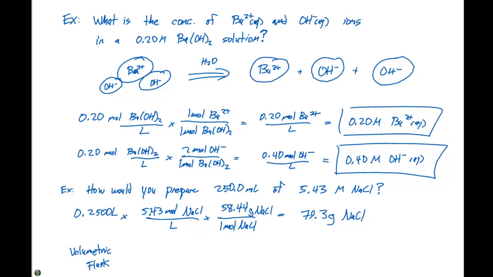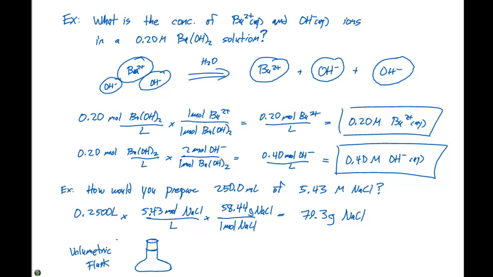Typically we use something called a volumetric flask in order to prepare this solution. A volumetric flask looks something like this, with a long skinny neck and a line just like this in the glassware.